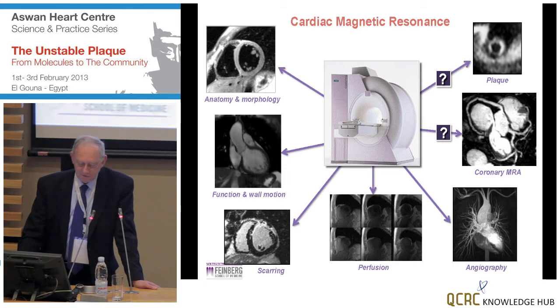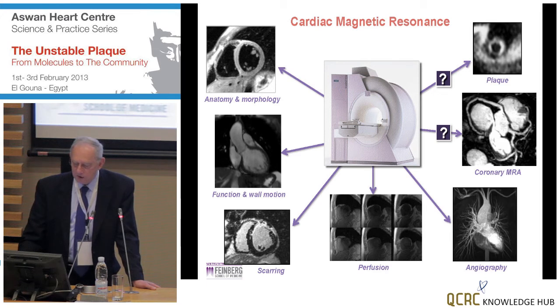I have videos here that unfortunately can't play, but I think you can get the picture here that we get anatomy, function and wall motion, myocardial scar because of the contrast enhancement, myocardial perfusion, exquisite angiography, whereas coronary MRA and plaque characterization, as we discussed yesterday, are obtainable in some patients, but not in all patients routinely.